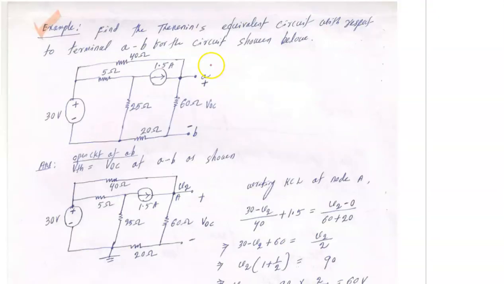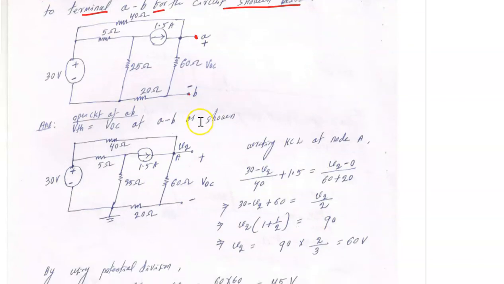We'll discuss another example. Find the Thevenin's equivalent circuit with respect to terminal A and B for circuit shown below. This terminal is open, so find the Thevenin voltage at the terminal A and B. So the circuit though looks complicated, but you have to apply the KCL here.